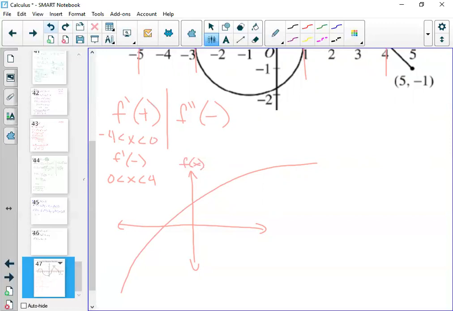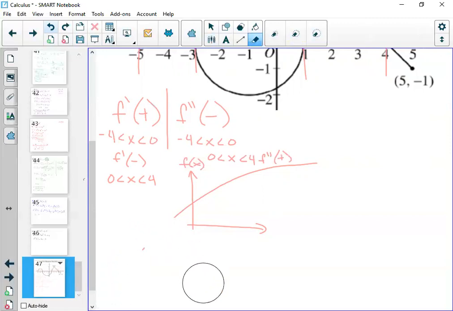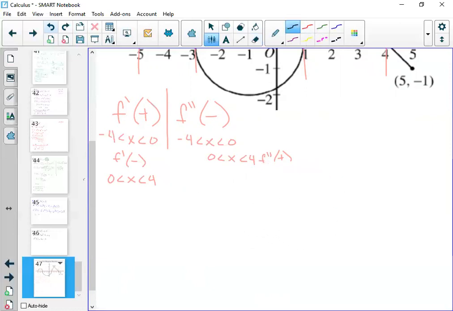And we're going to do the same interval here, -4, x, 0, 0, x, 4. We'll say f double prime is now positive. So now we have a whole new situation. So let's redraw our graph and try this one.